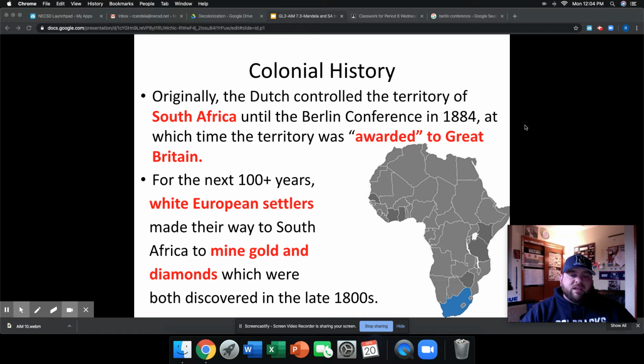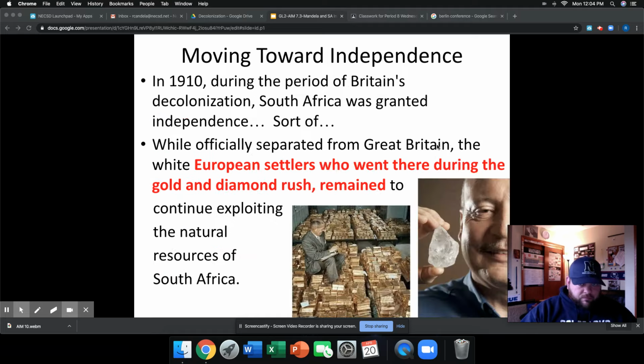That is the allure of South Africa to European nations. So suffice it to say that when European settlers are in control of the diamond and gold mining operations, they are by far politically, socially, and economically the most powerful people in South Africa.